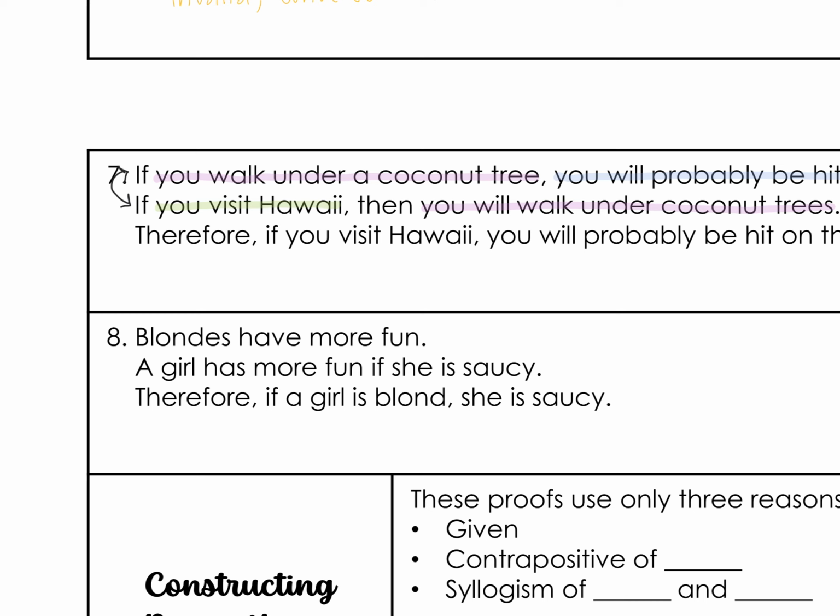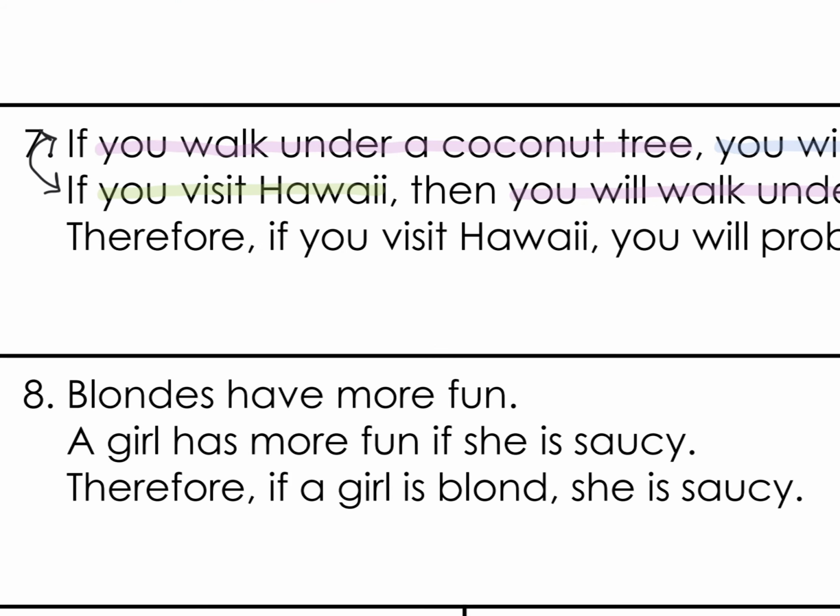They're starting off with, if you visit Hawaii, which is the start of this sentence, and they're using this one second after it. No changes are having to be made other than just switching that order. So we are going to write that this is a valid statement, and once again, it is just going to be the original statement.